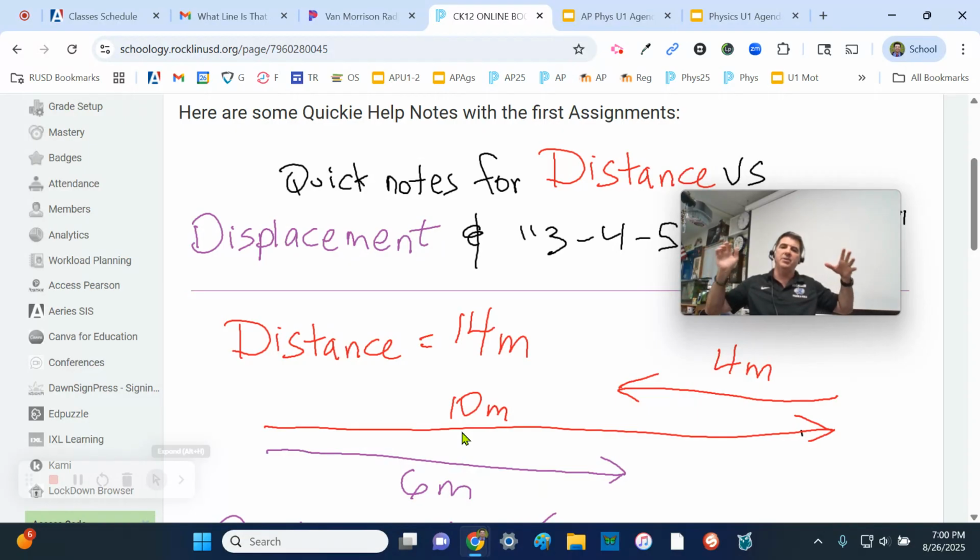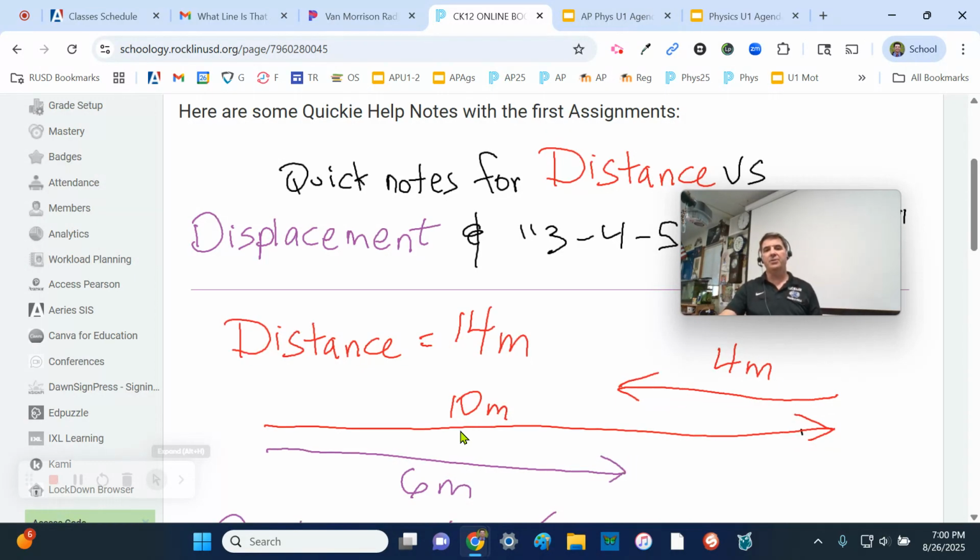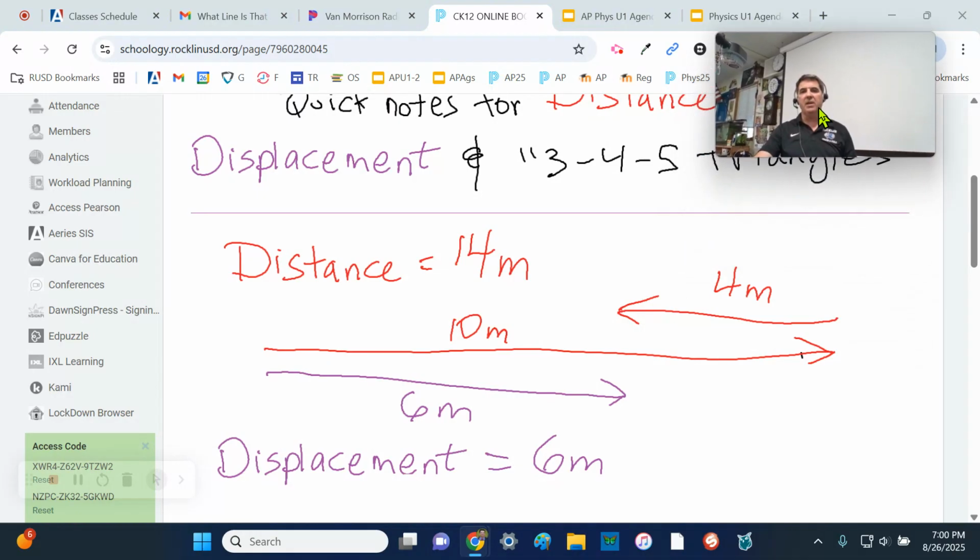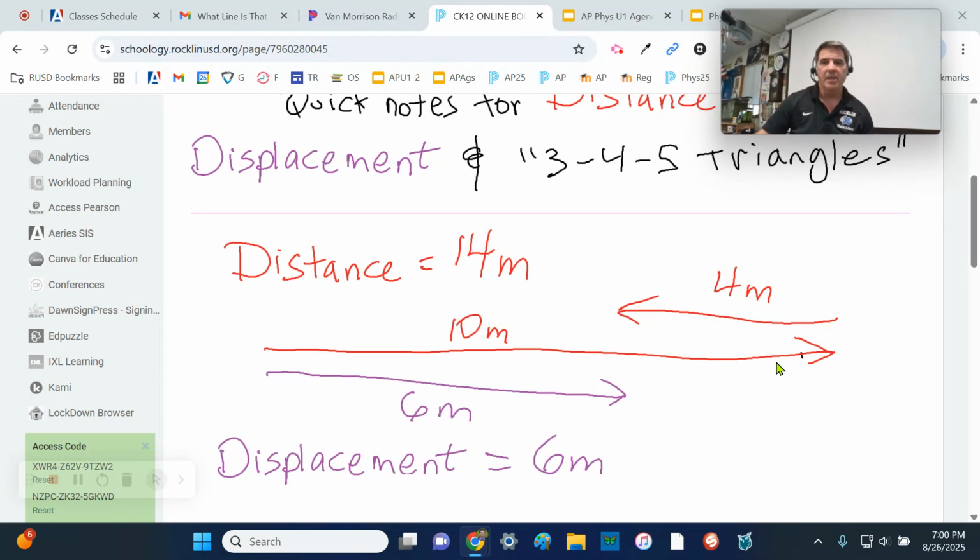The magnitude is 10 meters to the right and 4 meters to the left. The distance is straight up 10 plus 4, which is 14 meters. But the displacement is 6 meters, because if I go 10 to the right and 4 to the left, I end up just 6 away from where I started.